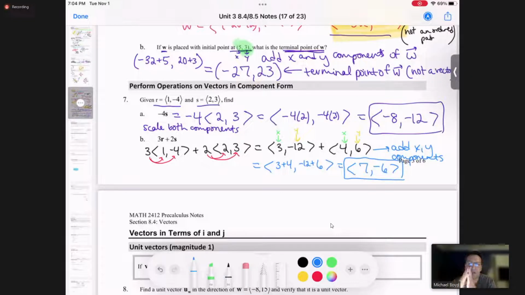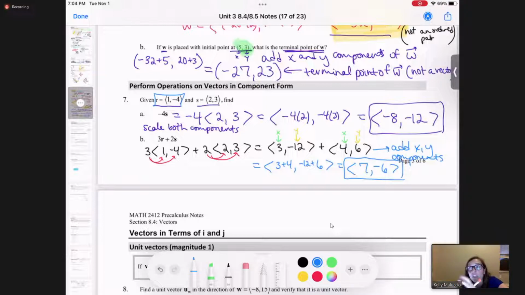Can I ask you a question real quick? Yeah. When you're given just this component form, like R is equal to 1, comma, negative 4, is the starting point of that the origin? If you wanted to draw this vector that they gave, the best way to do it is to start at the origin and then just move from there.